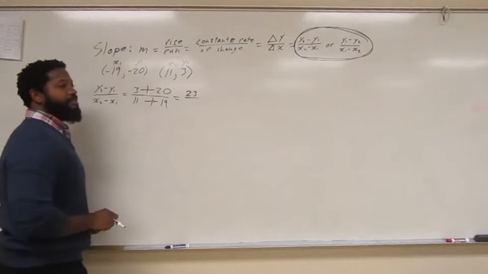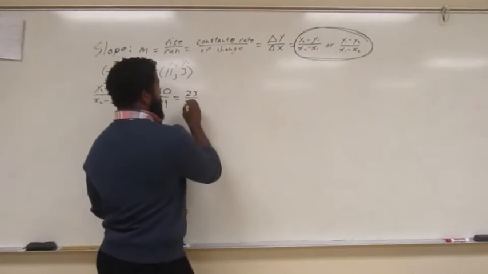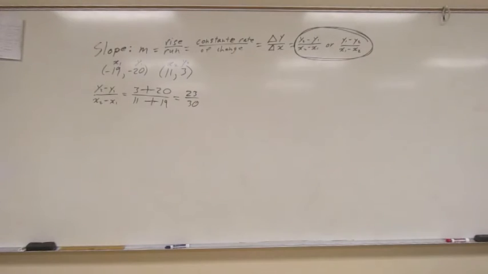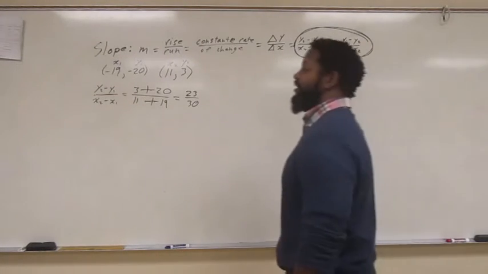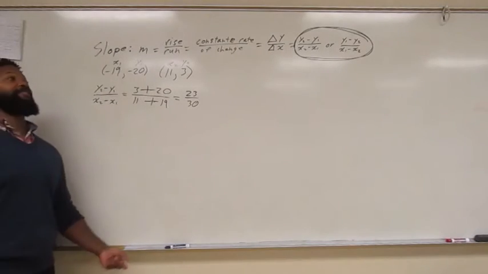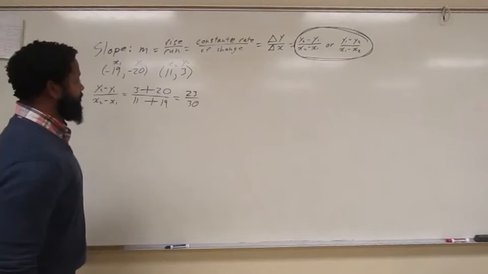What is 11 plus 19? 30. It's that simple. And you must simplify. But can you simplify this? No. 23 over 30, it's plain and simple. You can't simplify it, all right? We already know about simplifying because I stated that in the videos.